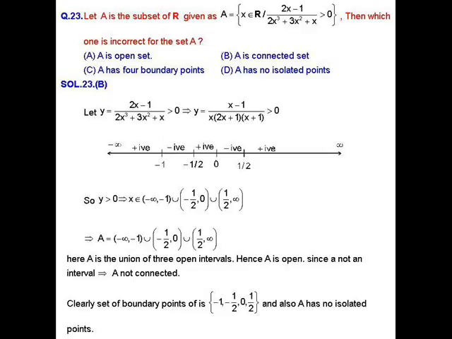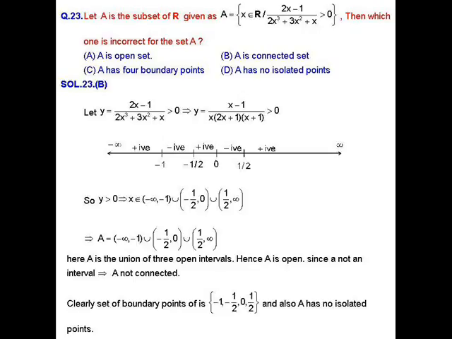In this case the numerator part is negative and the denominator part is positive. So overall we have negative, that is, in this range y is negative. Now when x is strictly greater than 1 by 2, the numerator as well as the denominator are all positive. So y is positive.